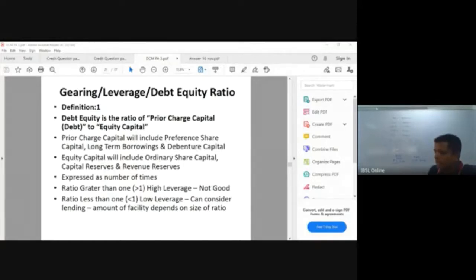First ratio is long-term debt capital compared to equity capital. Then add the long-term debt capital and the short-term debt capital both, and you have the total debt capital. Compare it with the total capital.